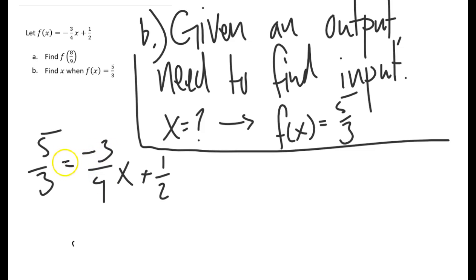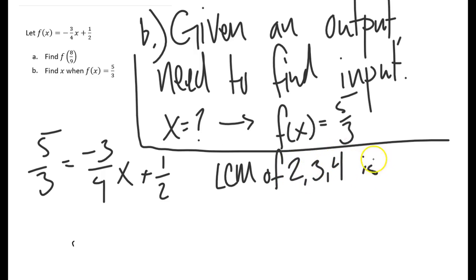And again, now I have an equal sign, and I've got numbers on both sides of my equals, along with fractions, so I can clear denominators, right? So I'm going to find the LCM of all the denominators I see. I'm going to count by the biggest number that's there, 4. So the first number I count by is 4.